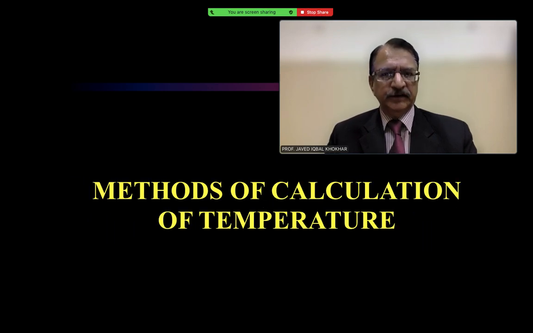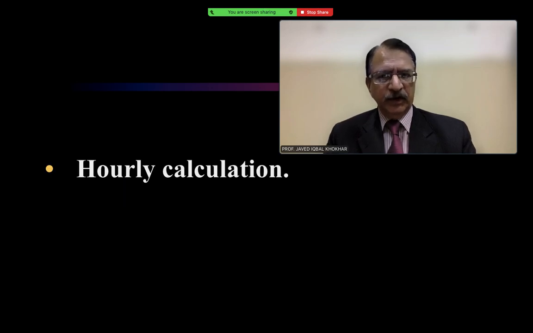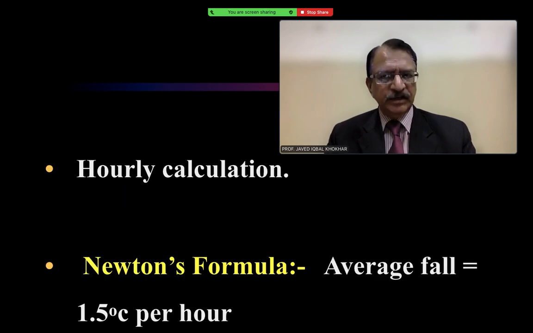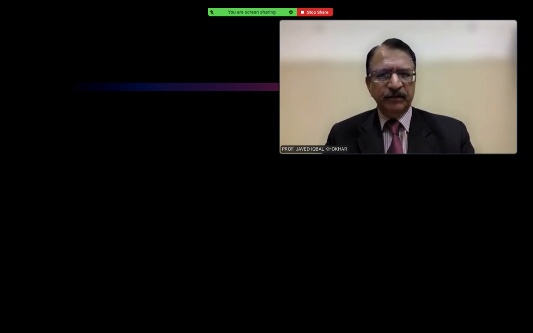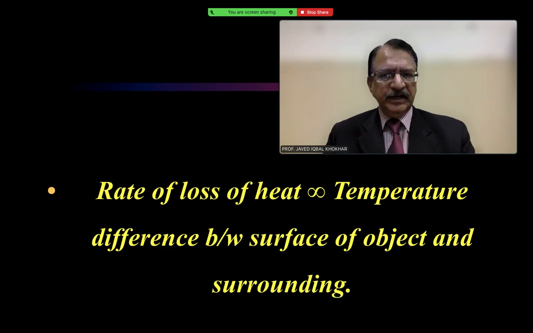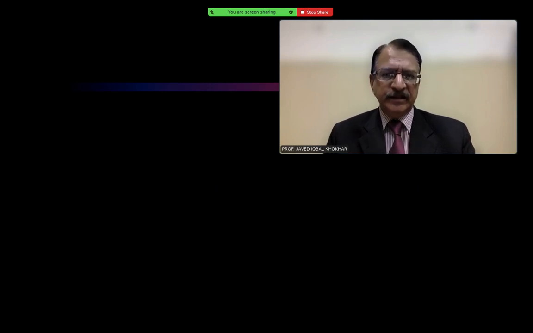Now, the method of calculation of temperature, how do we calculate? Hourly calculation, and there is Newton's formula that the average fall is equal to 1.5 degrees Celsius per hour. So hourly is not as reliable, not applicable. The rate of loss of heat is directly proportional to the temperature difference between the surface of the body and the surroundings.